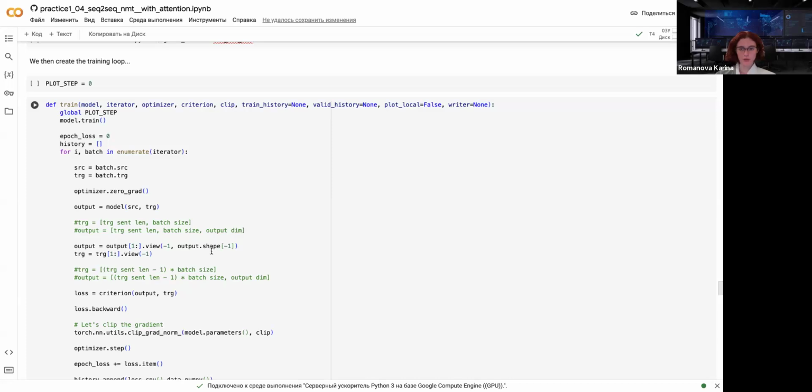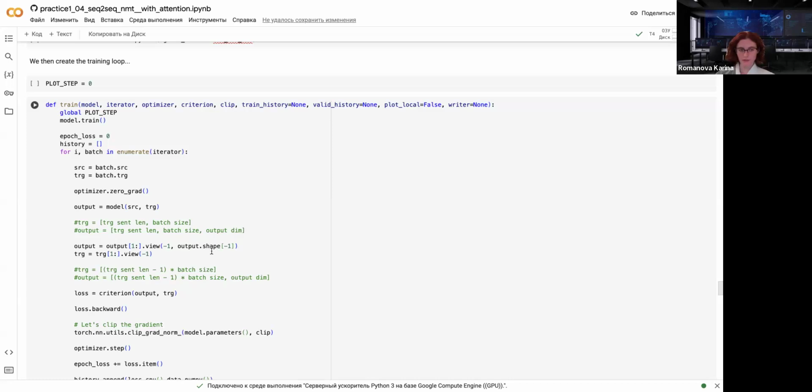Also, we use cross-entropy loss. We always use it when we work with text because we need to work with probabilities. We need to identify on every step which token is closest in meaning for our context.